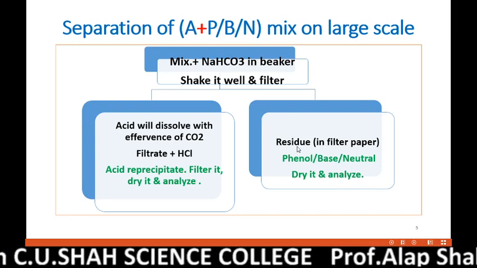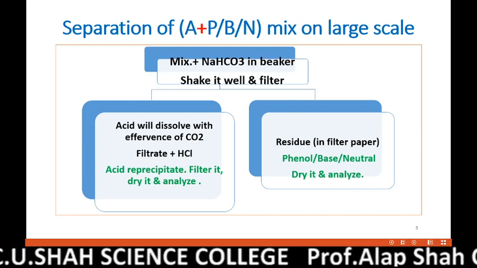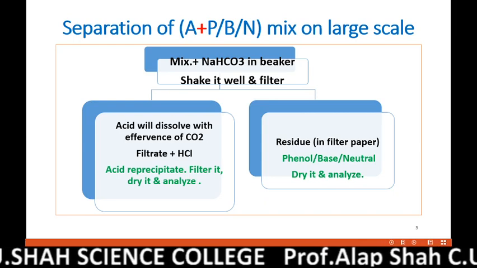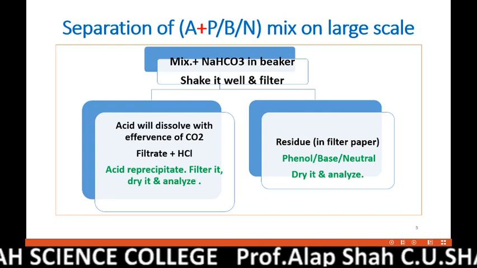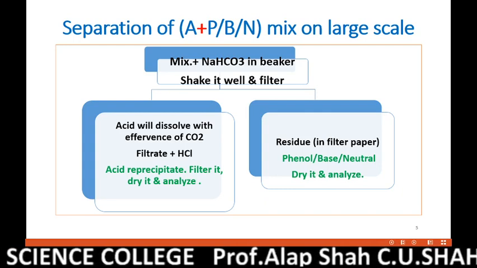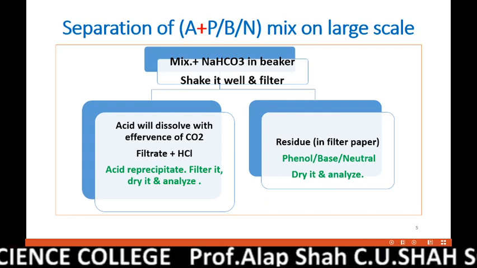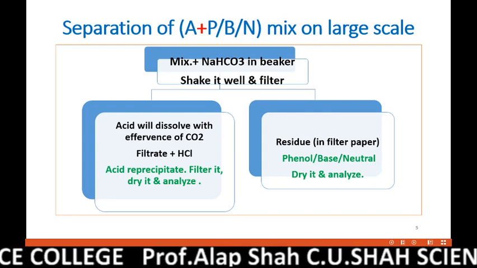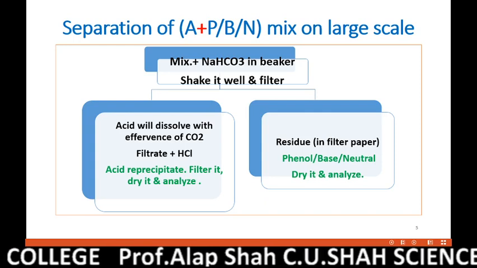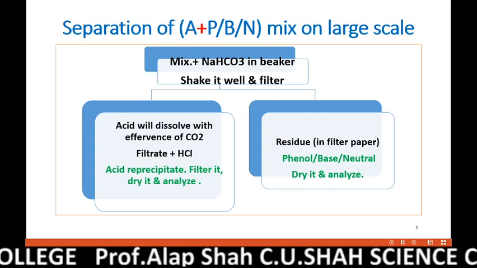If you remember my statement in the first video, I asked you to remember that whichever component is dissolved cannot be set free directly; you have to do a process. But the component which doesn't get dissolved is set free first.